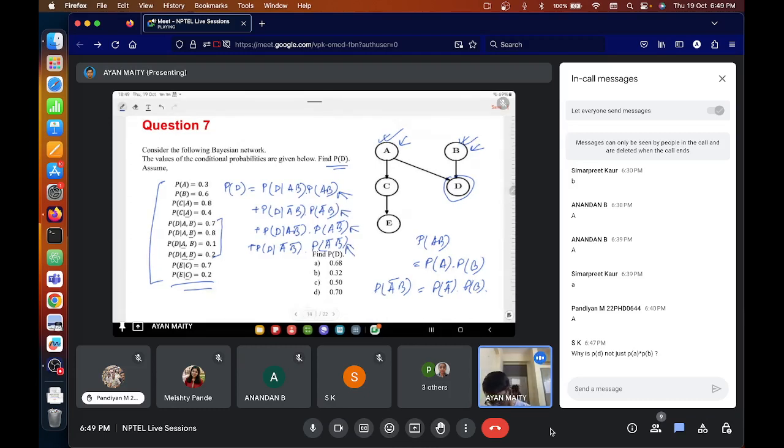The probabilities of A and B are given here, and the conditional probabilities for the variable D given A and B are given here.